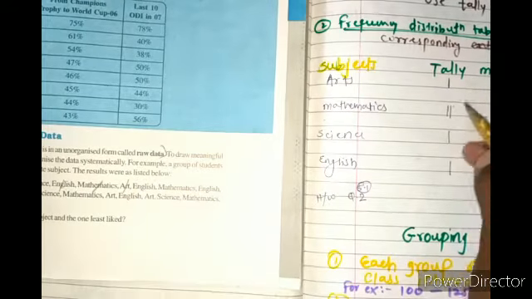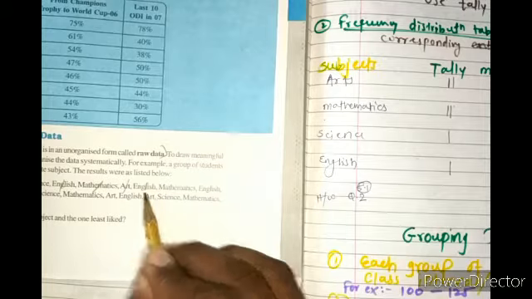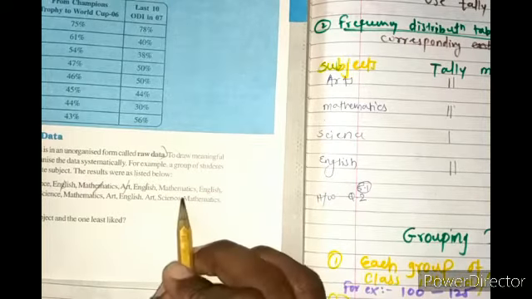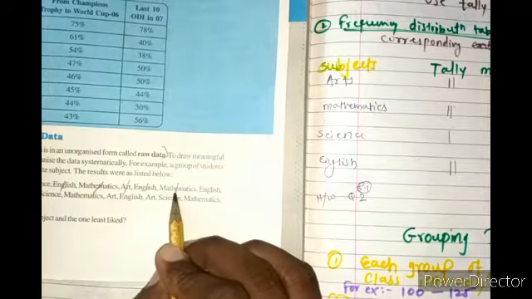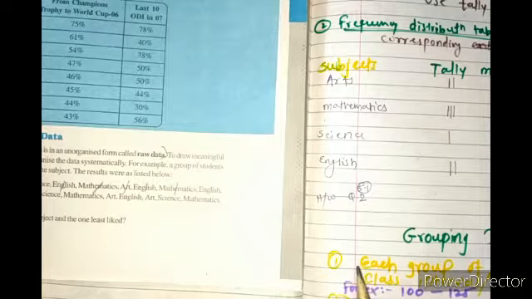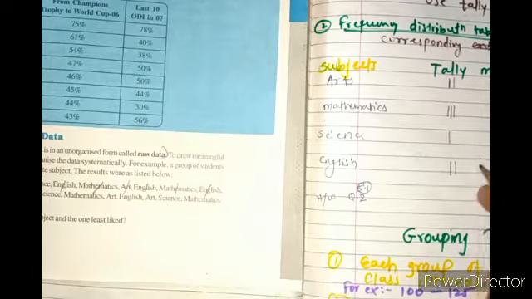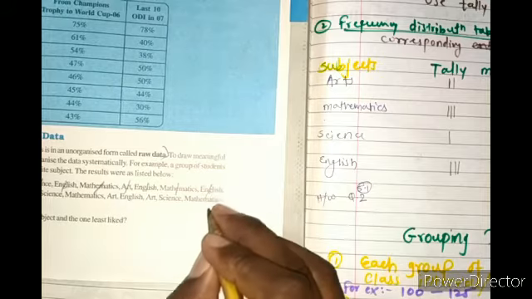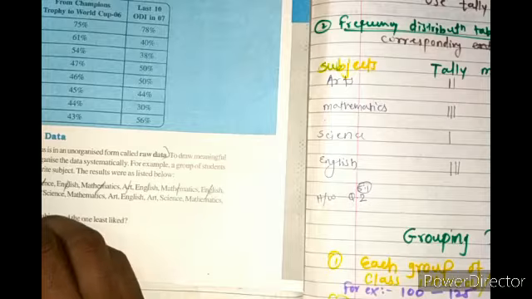In art, again a tally mark. In English, again a tally mark. Again mathematics, English. So in this way we have to mark the tally by making a slash on the subject name. Again art.